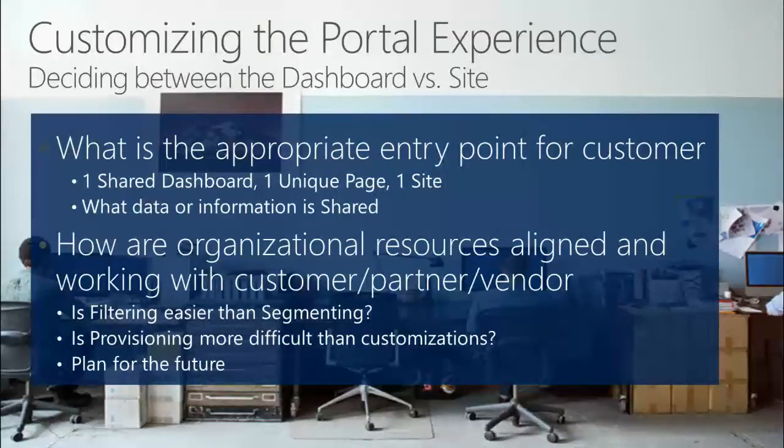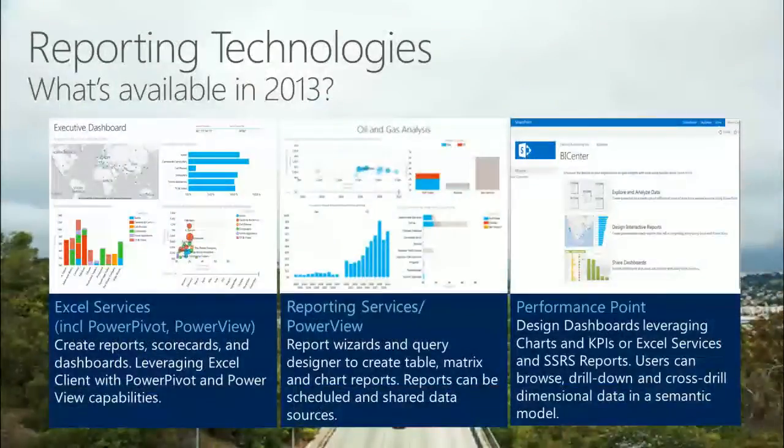And just a quick summary again of some of the reporting technologies that we've looked at: Excel Services, Reporting Services, and Power View. There's a little bit of confusion around this one, and I want to make sure everyone understands the differences. There are two flavors of Power View, if you haven't picked up on that.